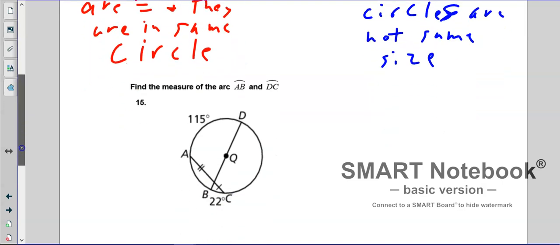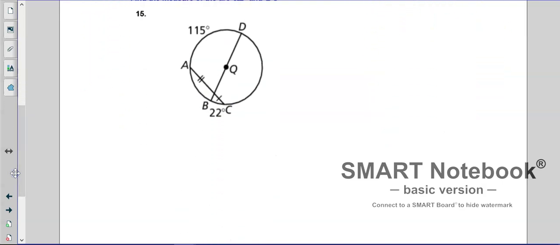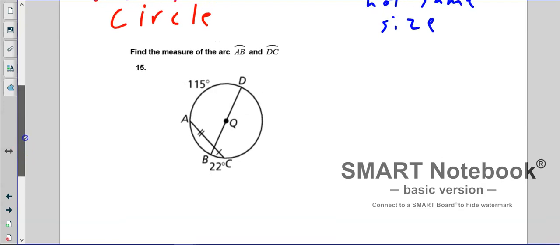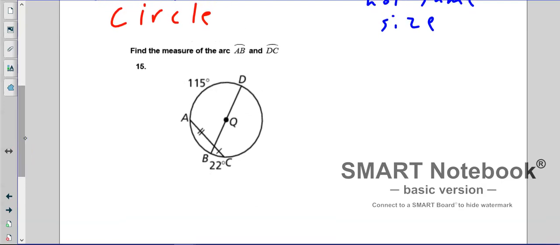And last but not least, if you need to catch up, just hit pause. Find the measure of arc AB and DC. All right, so AB is right here, and DC is right here.